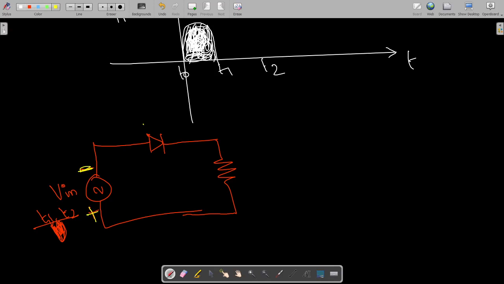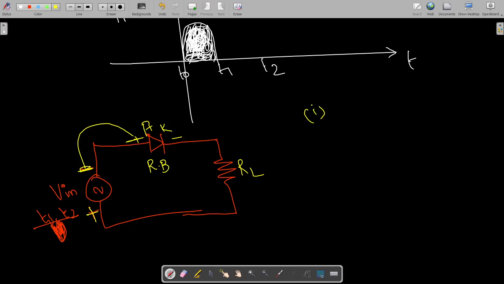But this is always your positive side because this is your anode and this is your cathode, isn't it? So this is always plus, this is minus. So what is happening here? Minus is connected to plus, which means we say that this diode is reverse biased.